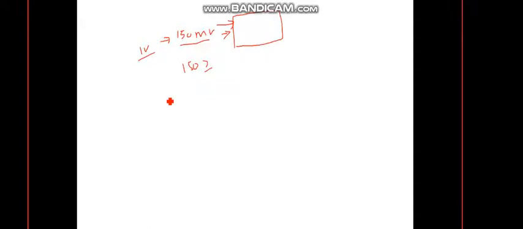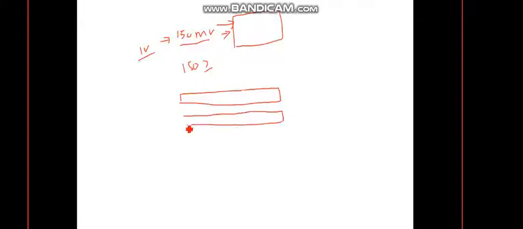Now, how do we solve these challenges, right? One way is that if you have the possibility, you can simply increase the distance between them. But if you do not have such conditions, then you can take a signal and place a guard trace which is referenced to ground. Then most of the energy will be directly coupled to the ground.